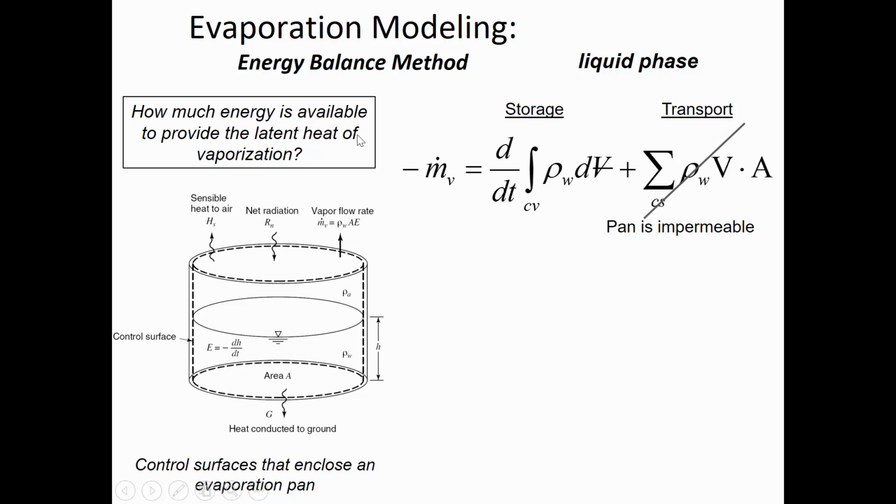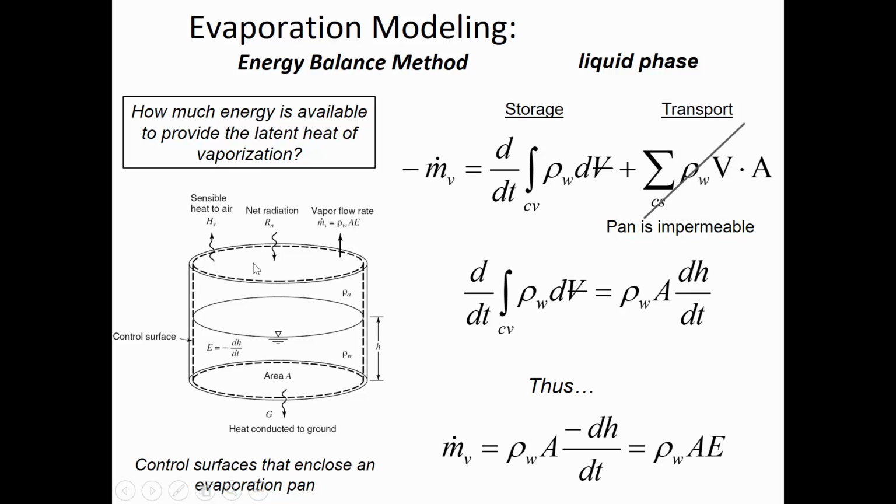So we're so far just confining ourselves to what's happening to the water during evaporation. The water level is going lower, and there's some change in volume over time. If we multiply that volume by density, that's what's accounting for the change in mass over time inside the volume. So m dot is a mass flow rate, and the negative sign is just suggesting that the amount of mass inside of this control volume is decreasing over time.